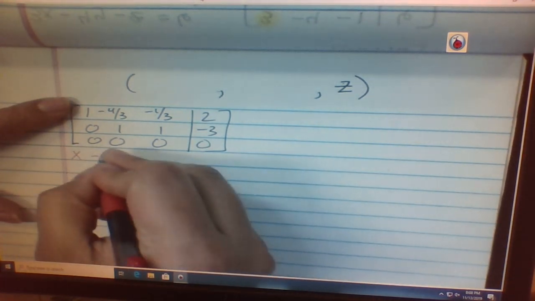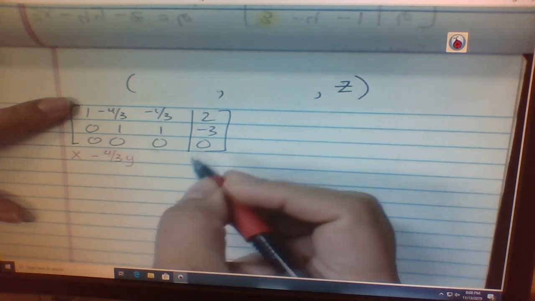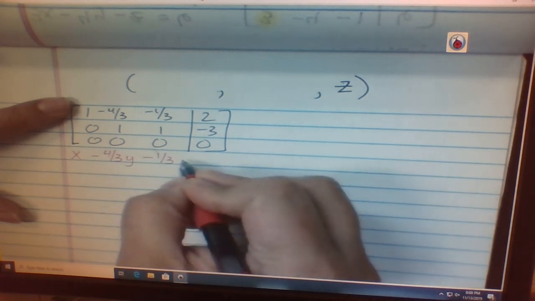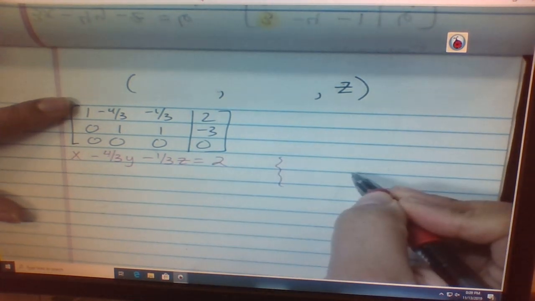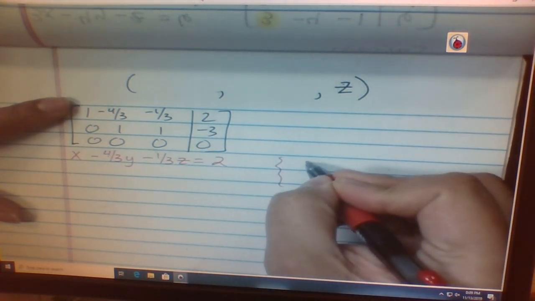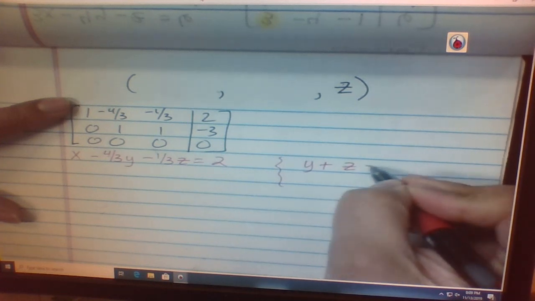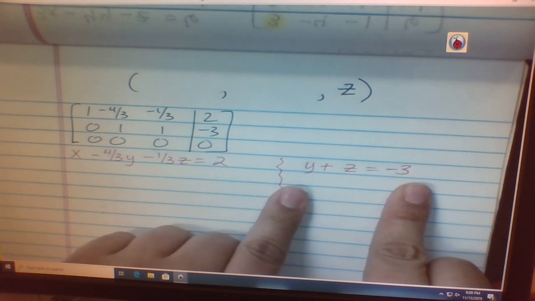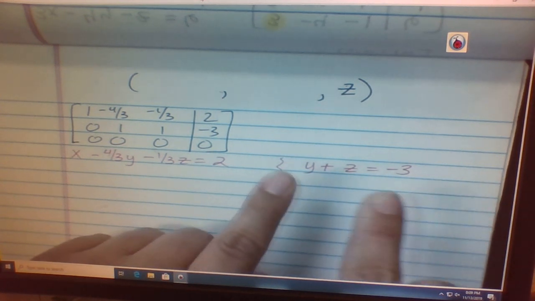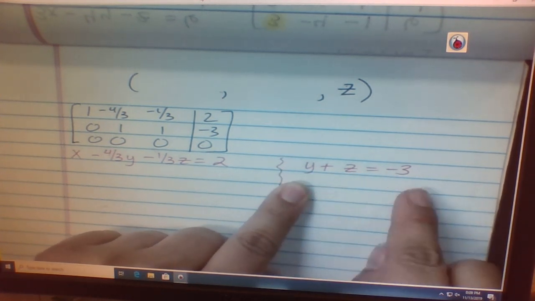So my first equation here is x minus 4/3 y minus 1/3 z equals 2, and my other one over here is y plus z equals negative 3. So I'm supposed to solve for who here? Y, because the only thing you have here is z.